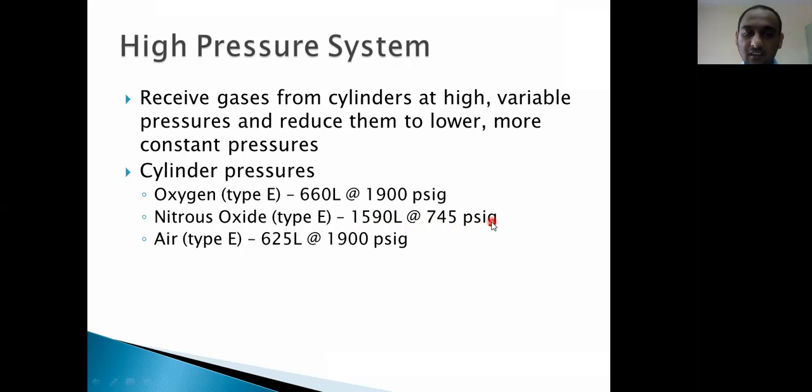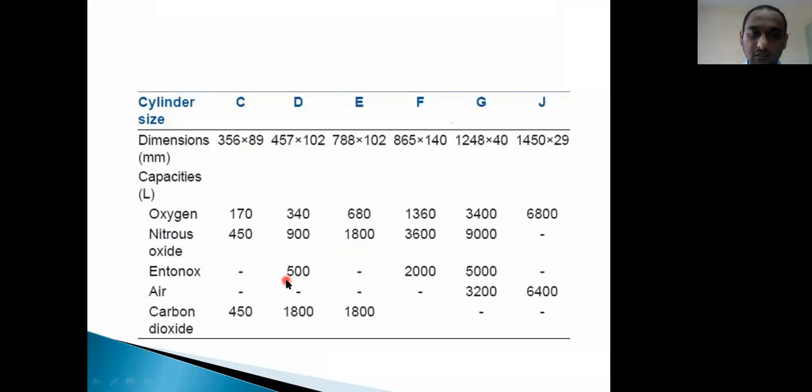The air type E cylinder also contains around 625 liters, and similar to the oxygen type E cylinder, it is also pressurized to 1900 pounds per square inch. So from here, these are the various sizes.